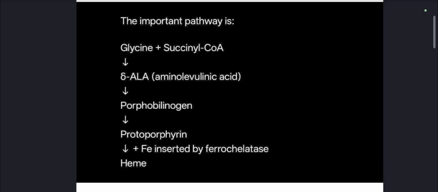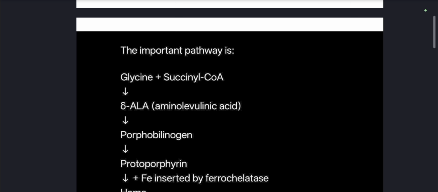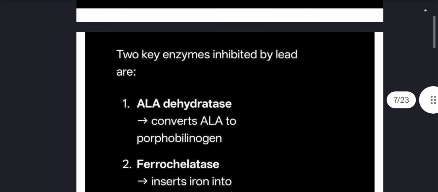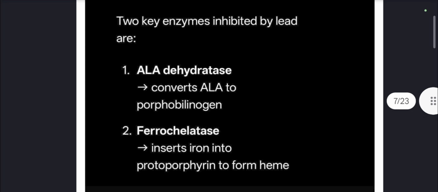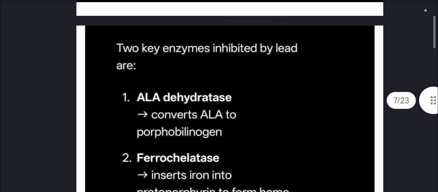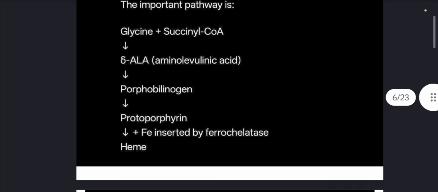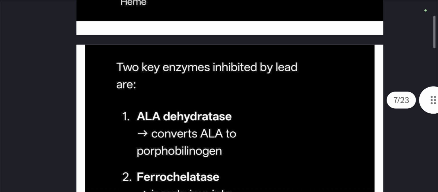Secondly, ALA dehydratase is also inhibited. It is not shown here, but glycine plus succinyl CoA leads to the formation of ALA, and ALA further leads to the formation of porphobilinogen. So the two enzymes inhibited are ALA dehydratase and ferrochelatase. ALA dehydratase converts ALA to porphobilinogen, and it is also inhibited by lead.